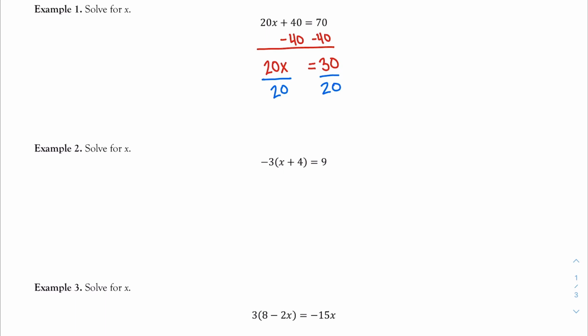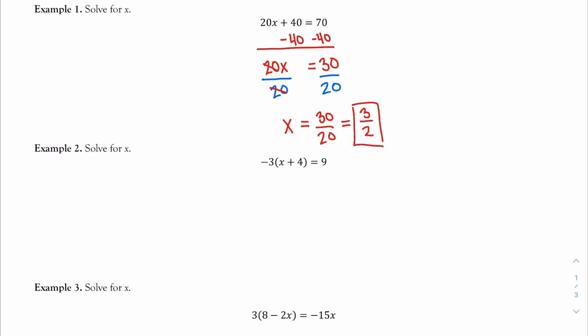If I do that, on the left, I have 20 divided by 20 gives me 1x. And on the right, I have 30 over 20. But I know I can simplify this down. 30 over 20, this reduces down into 3 over 2. So I have my final answer, 3/2.